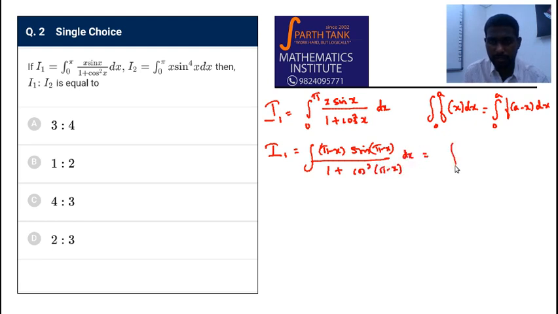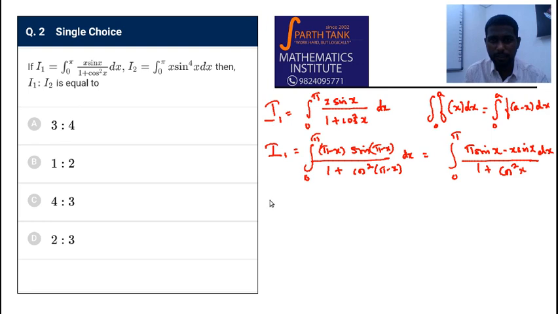Now if you see, the limits are unchanged, this becomes sine x, because sine pi minus x is just sine x. Second quadrant sine is positive, cos is negative, but cos squared becomes positive. So in the numerator we have another term, pi times sine x minus x times sine x dx upon 1 plus cos squared x, 0 to pi.